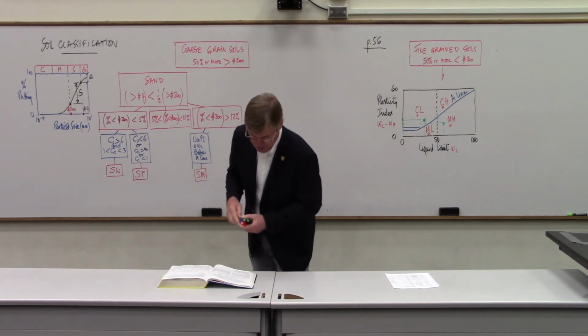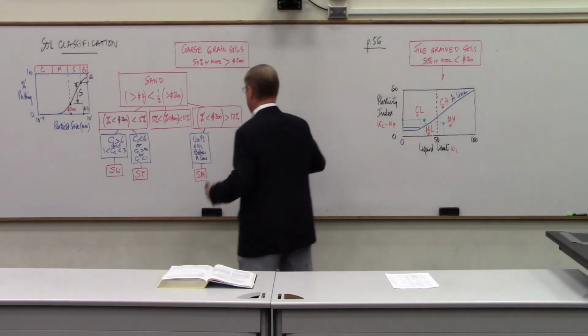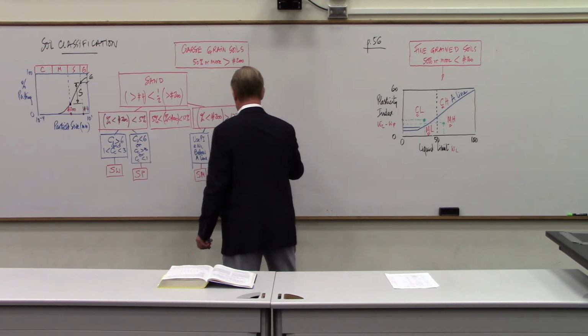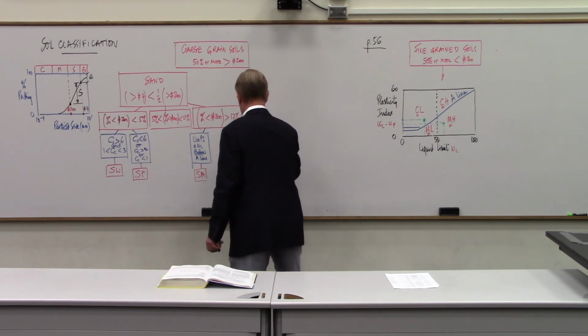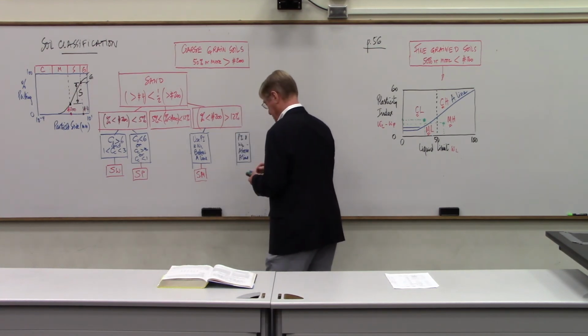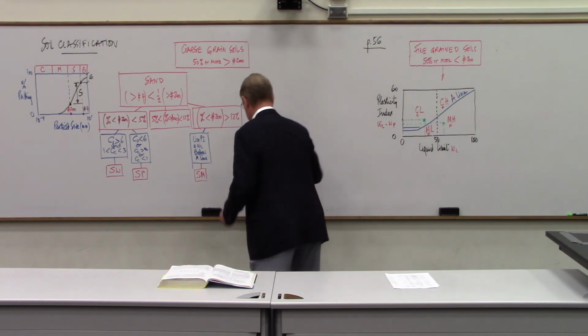So in the second box here, if you have PI and WL, and then above A line, then the conclusion is SC.